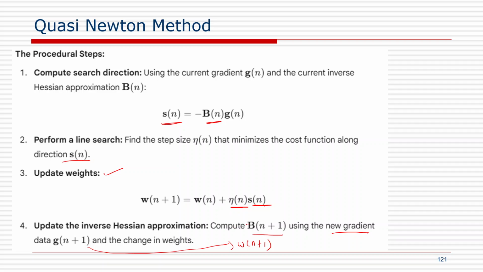And now recompute B of n plus 1, that is, the next updated search direction with the new weights and the new gradient. The stopping criteria, once again, will be the same as in the conjugate gradient, where the error is minimized to some specified threshold or constant, and then we will stop.